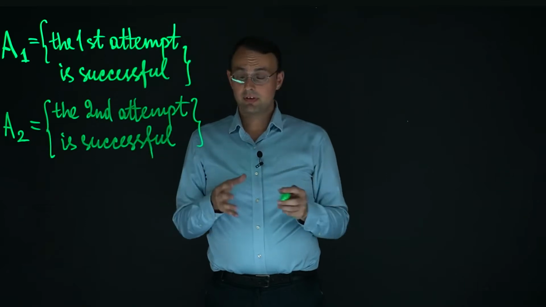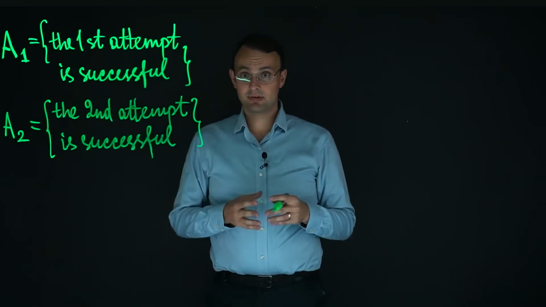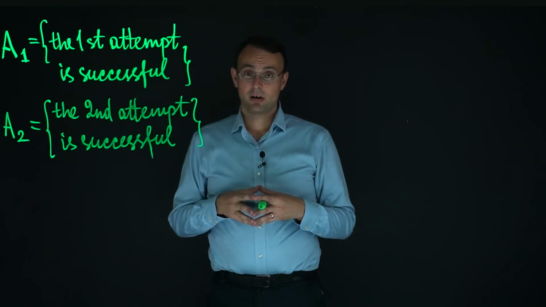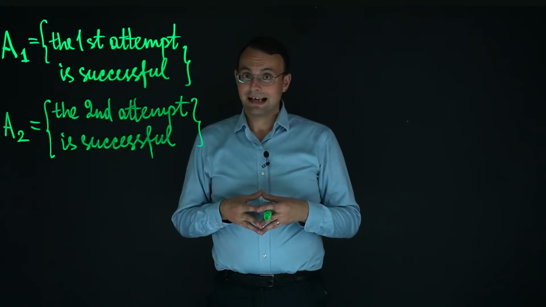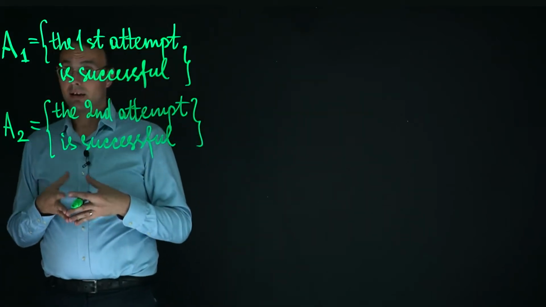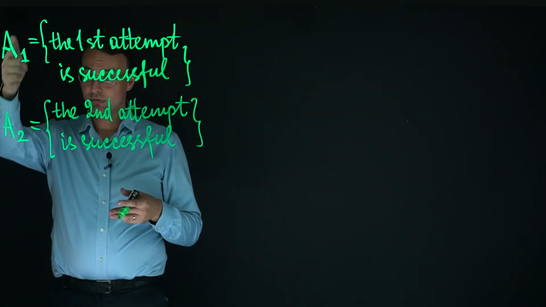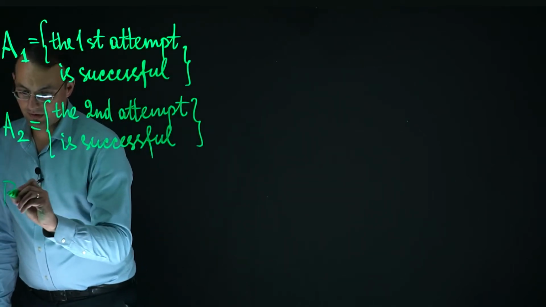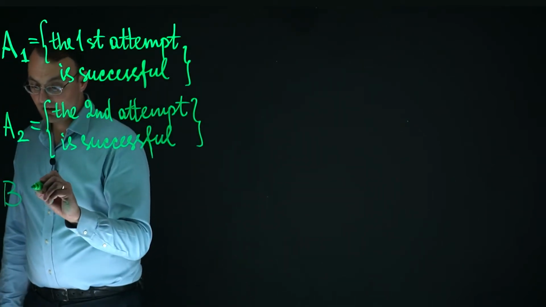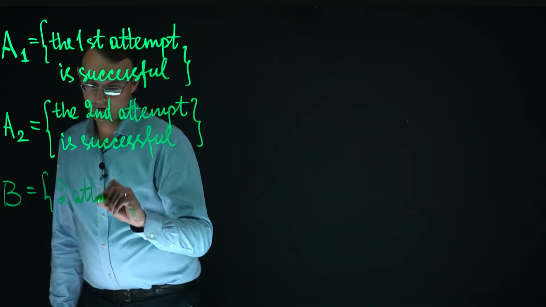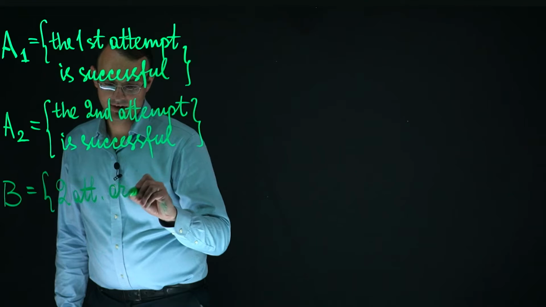So my event of interest is that 2 attempts will be enough to guess this PIN code. So how I can express my event of interest with these two, A1 and A2. Let my event of interest be B. So B is 2 attempts are enough.